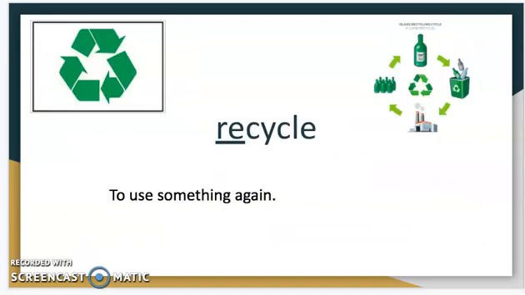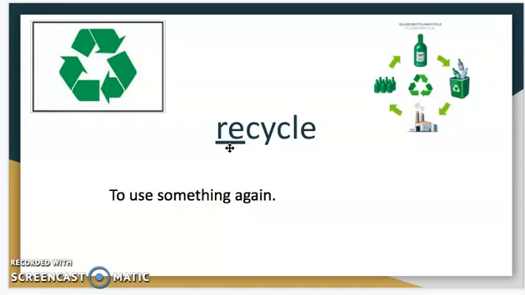Okay? Recycle is the next word. Recycle. It means to use something again. Notice the prefix here, re. Whenever you see the prefix re, it means again. So cycle is like a circle, a cycle, and re, again.